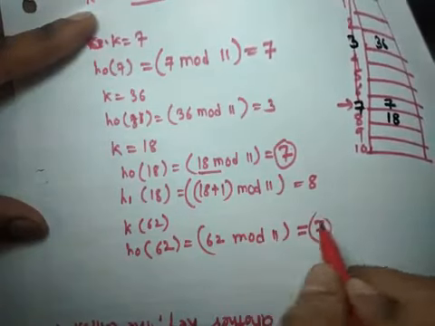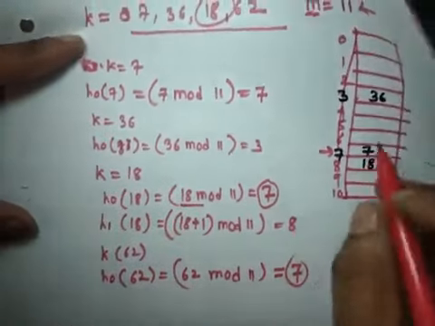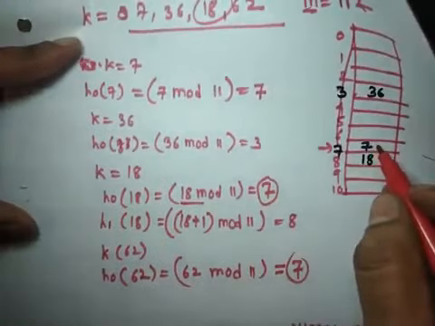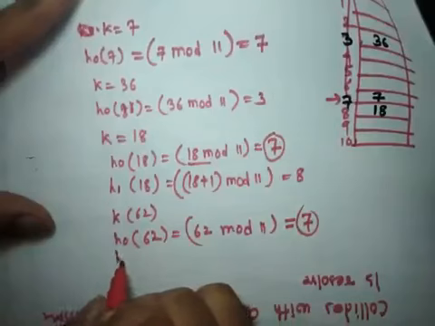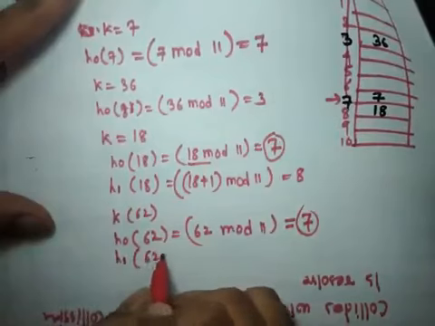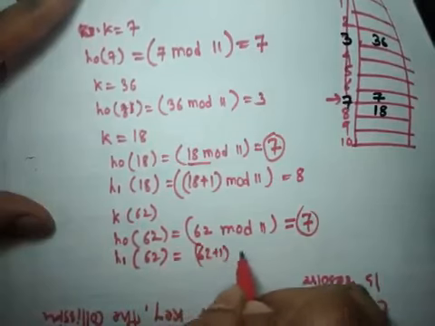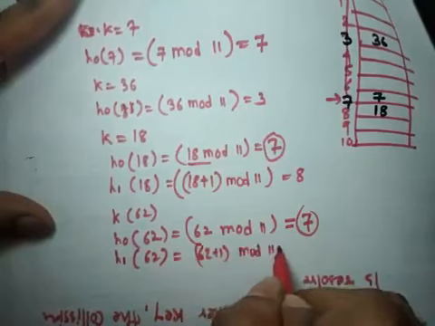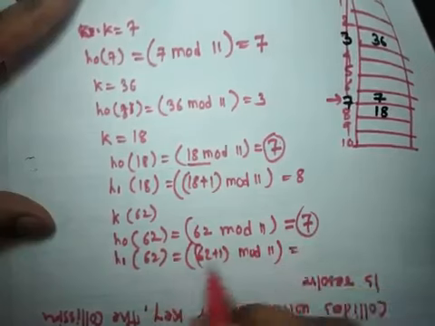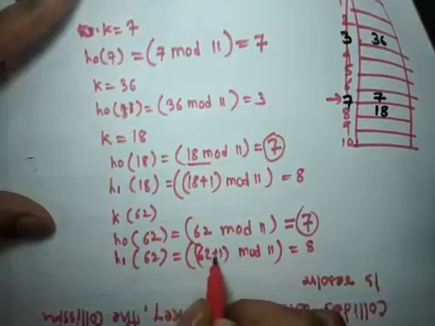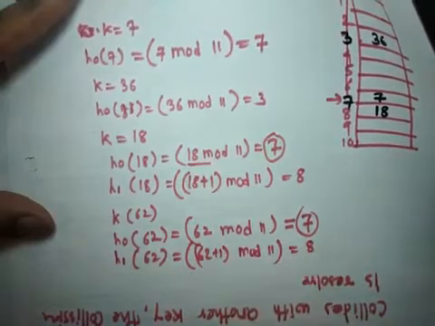It produces index location 7, which is already filled. So we calculate h1 of 62, that is 62 plus 1 mod 11. 63 mod 11 again produces 8.